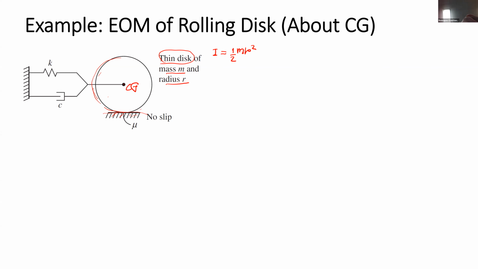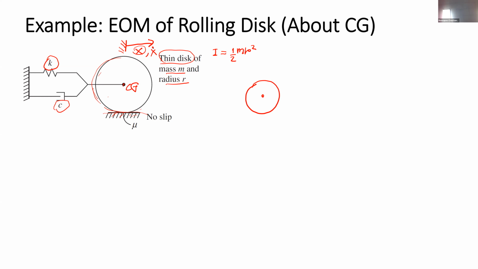And the center of the disk is connected to a spring and a damper. So we're gonna assume a generalized coordinate as a horizontal displacement measured from the equilibrium position. It seems simple if this moves to the right hand side with displacement x and velocity x dot to the right.